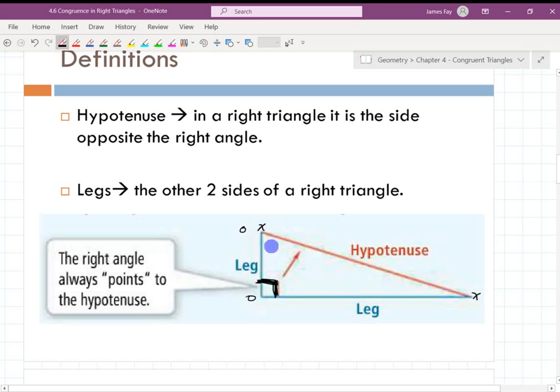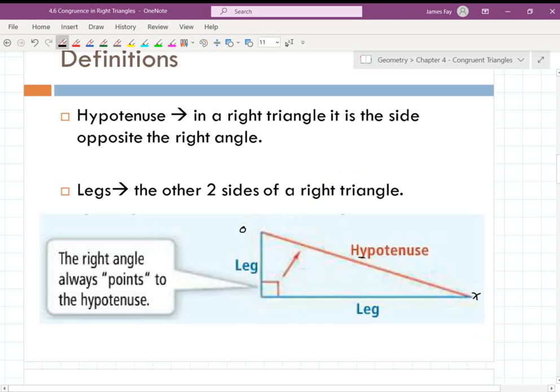Even though I don't know what these are, they can't be 90 or greater, so they have to be less than 90, meaning this has got to be the biggest angle, so opposite it has to be the biggest side. Essentially this angle has to open up more, so that distance there has to be greater so that the endpoints can touch. So that's the hypotenuse.